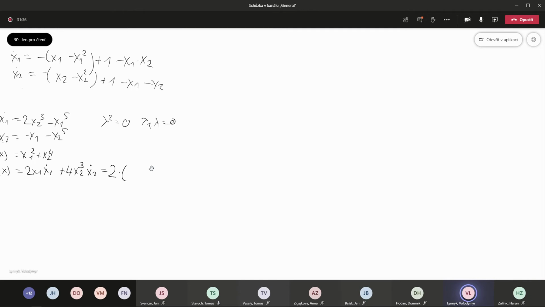The first one gives 2x1 times (2x2 cubed minus x1 to the 5th degree), plus 4x2 cubed times (minus x1 minus x2 to the 5th degree). Any question here on this step? Okay.